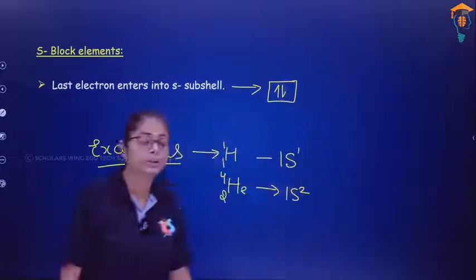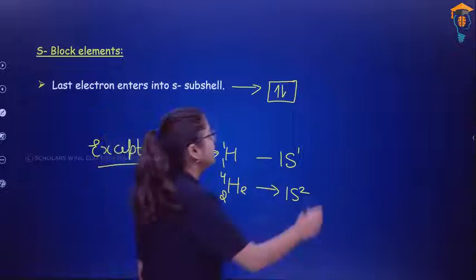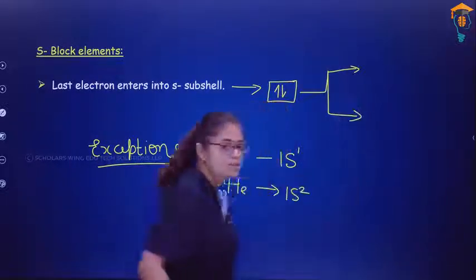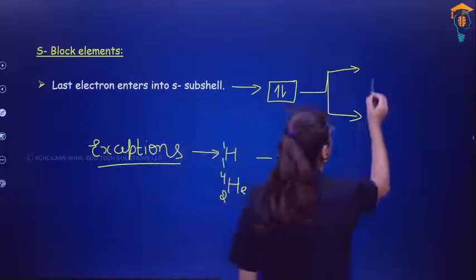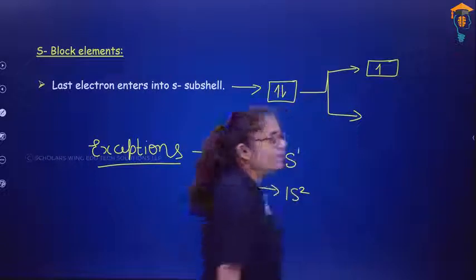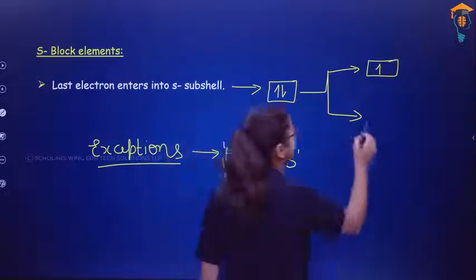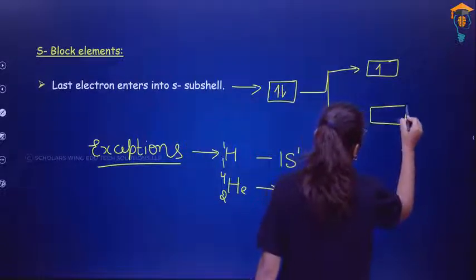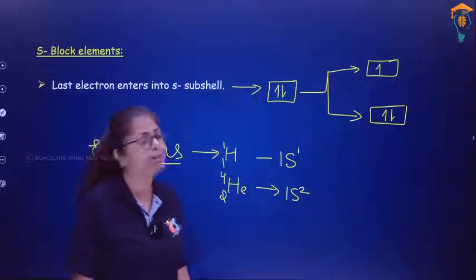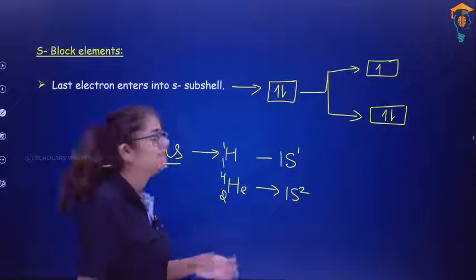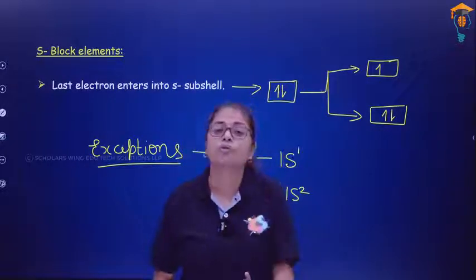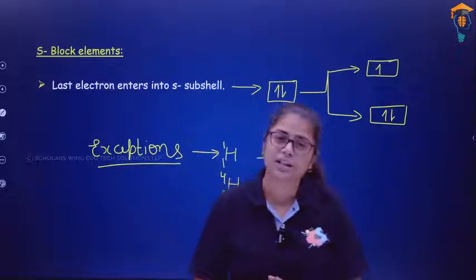So obviously, there are 2 possibilities. What are the possibilities? First possibility is that there is only 1 electron in the S subshell, and the second possibility is that there are 2 electrons in the S subshell. That means there are 2 families possible in S block elements.